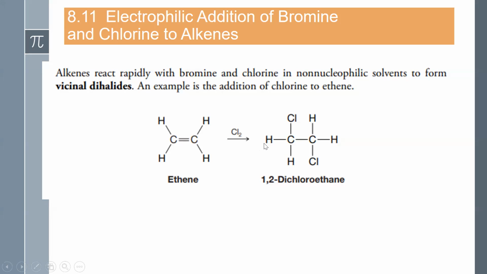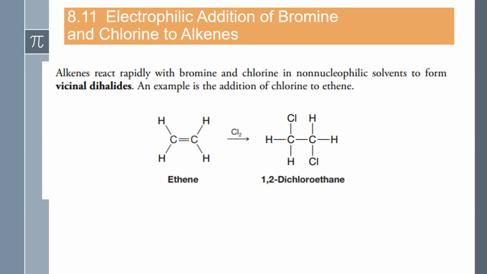Okay, so to continue, another kind of reaction of alkenes. There are too many reactions of alkenes, and at the end of this chapter, you'll have to summarize all of those because there are too many. So another reaction of alkenes is the chlorination reaction, or the addition of your chlorine and bromine, your halogens, to your alkene, to form vicinal dihalides.